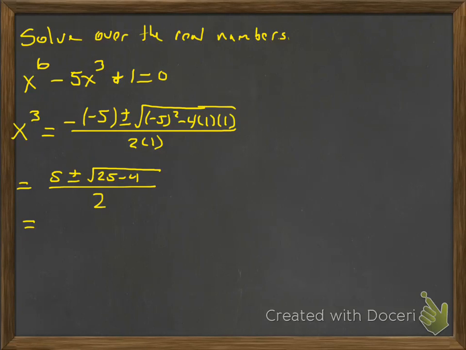Okay, so 5 plus or minus the square root of 21 all over 2. Okay, so now we're going to write our x cubed is equal to 5 plus or minus the square root of 21 all over 2.